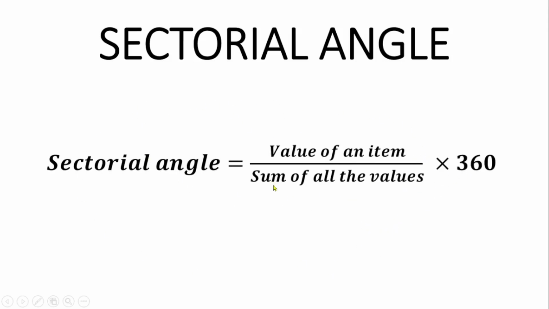To convert the frequency or the value of the item given to you into a sectorial angle, you need to use this formula. The formula says that the sectorial angle you are trying to find is equal to the value of the item divided by the sum of all the values of the items given, multiplied by 360.